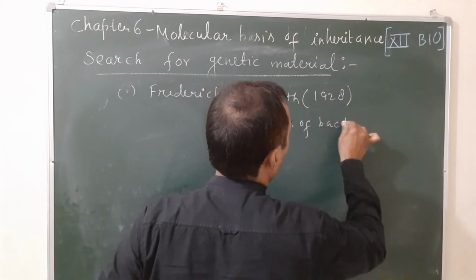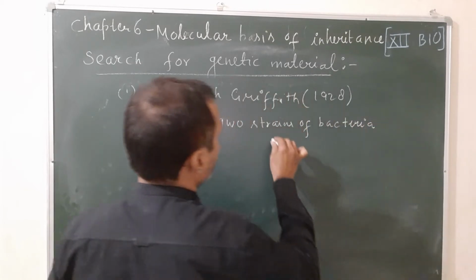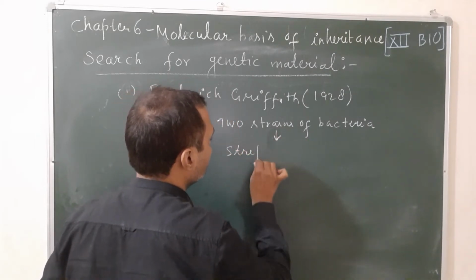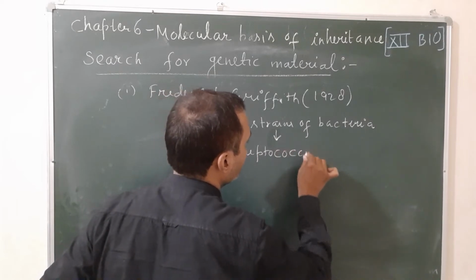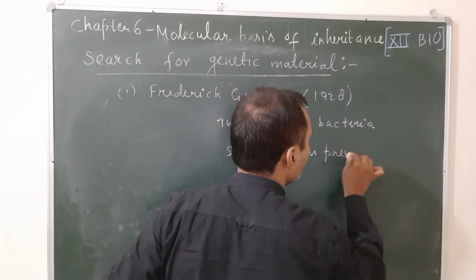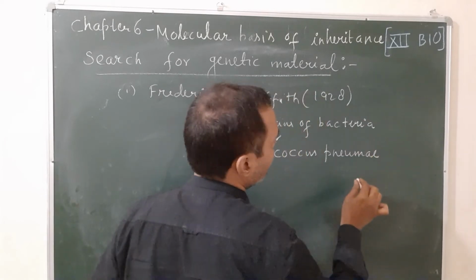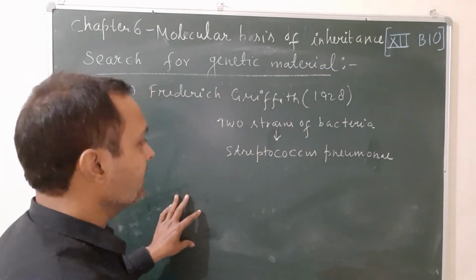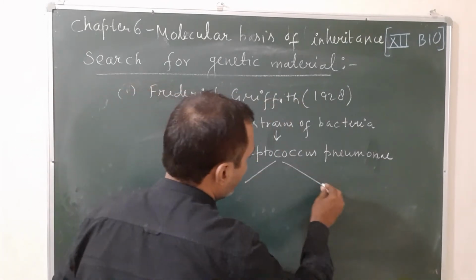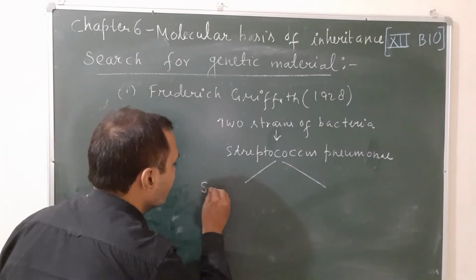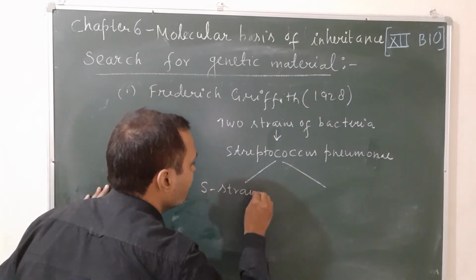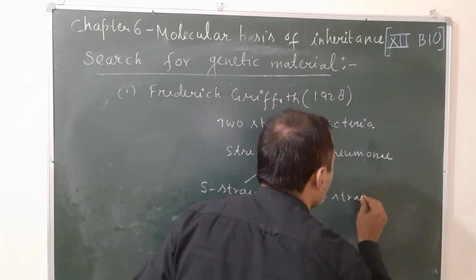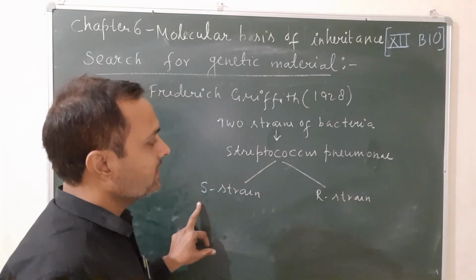There are two strains of this bacterium. The first one is known as the S strain, and the second one is known as the R strain. S here is smooth strain and R here is rough strain.